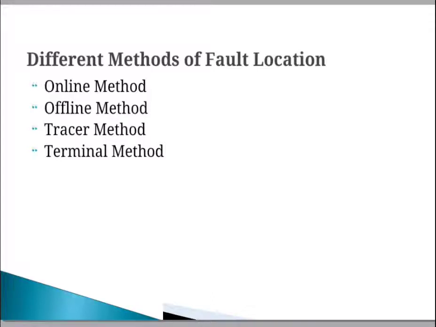In this method, we detect the location of the fault in the cable from one end or both ends without walking or tracking. This method is used to find the general area of the fault to accelerate the tracking on the buried conductor or cable.